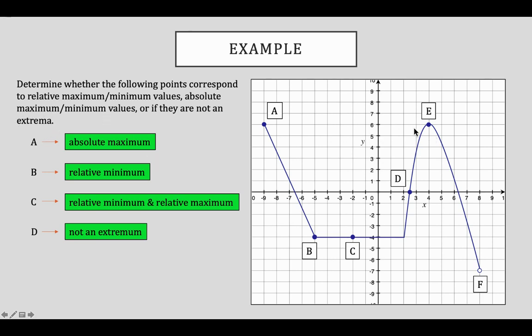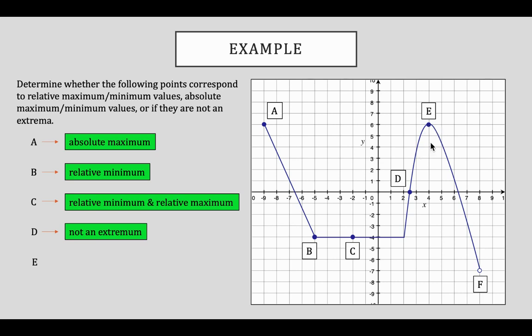All right, moving to point E. Well, any thoughts on point E? We recognize here that our greatest y value was 6. Point E has a y value that also corresponds to 6. Therefore, point E is going to be an absolute maximum.